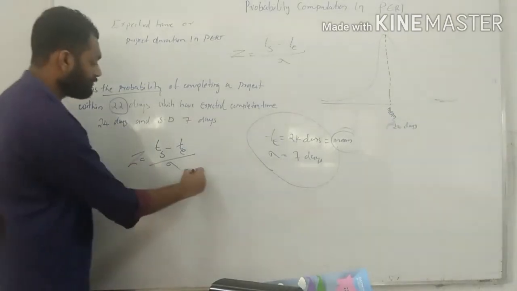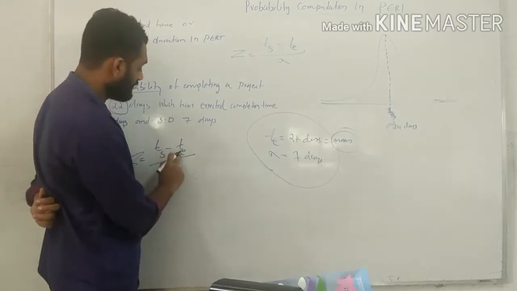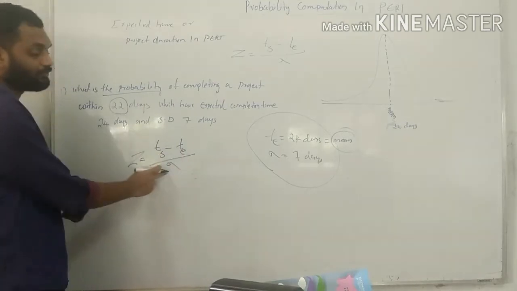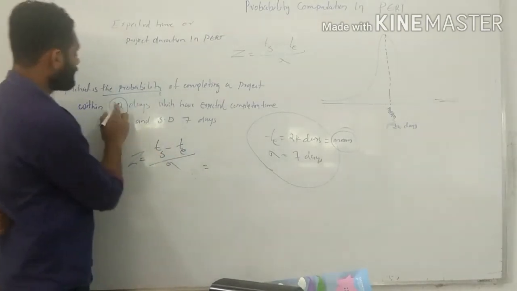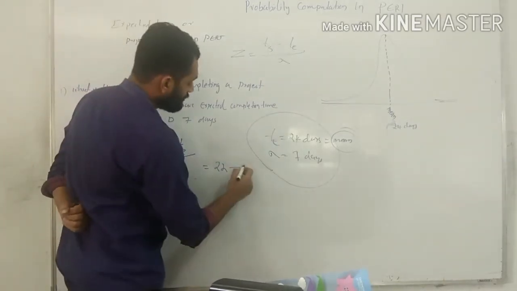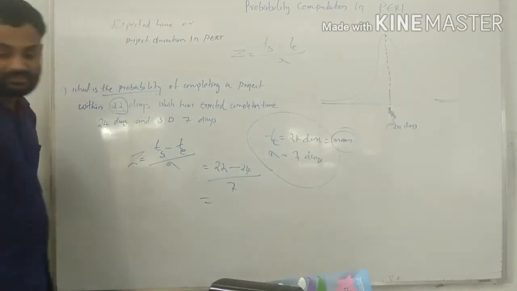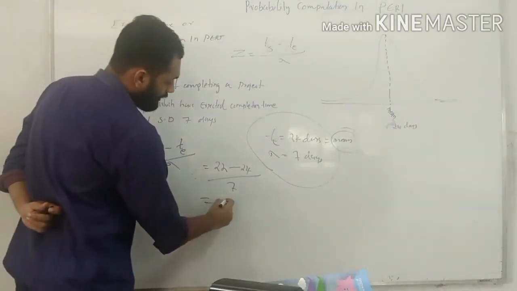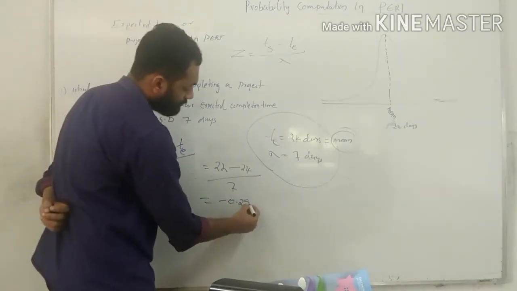Z is equal to Ts minus Te divided by standard deviation. Here the scheduled time is 22 days. 22 minus expected time 24 days, divided by the standard deviation 7 days. 22 minus 24 divided by 7 is equal to minus 0.2857.